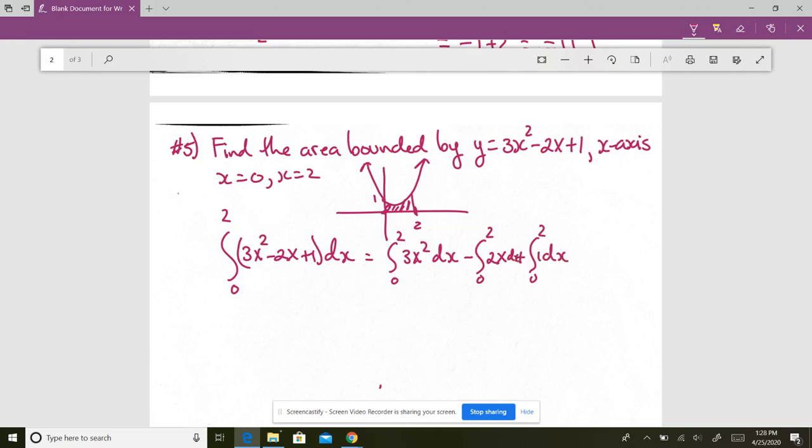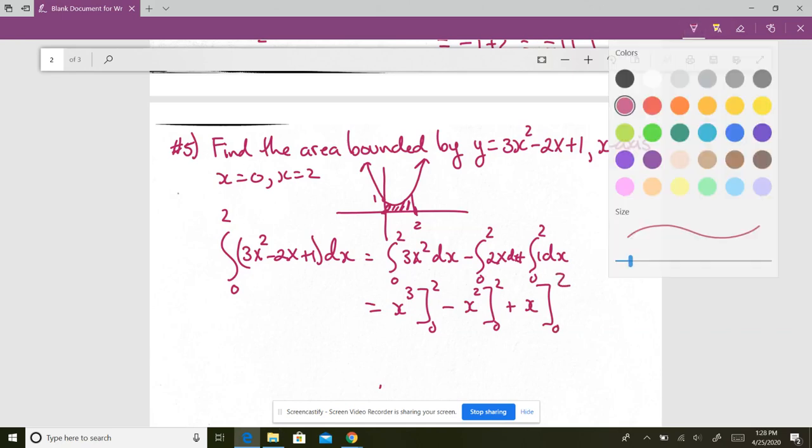So really that's just x cubed evaluated from 0 to 2, minus x squared evaluated from 0 to 2, plus x evaluated from 0 to 2. Now that's kind of a convoluted way, still right.